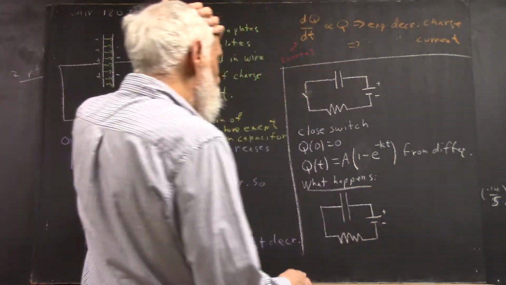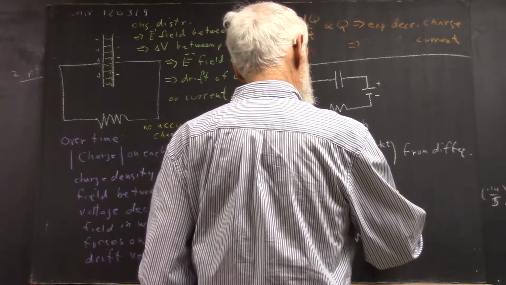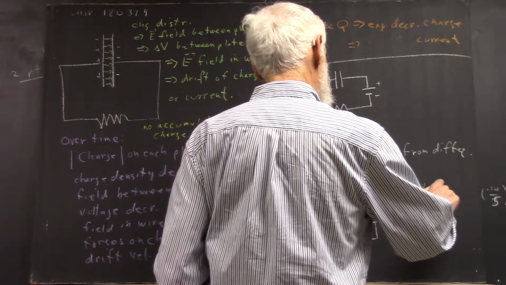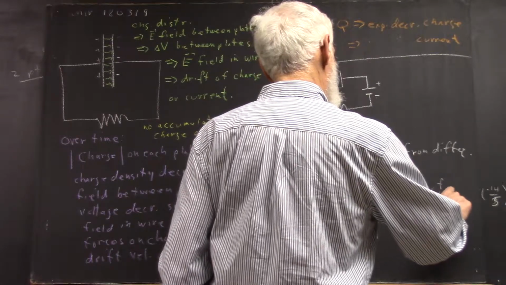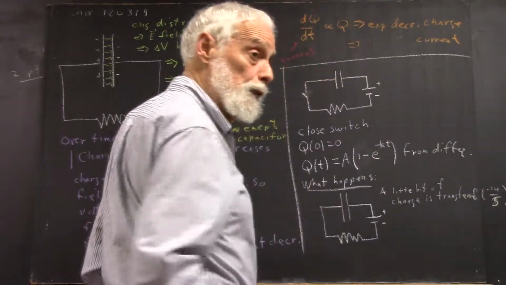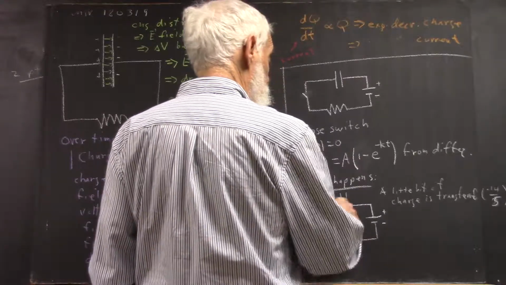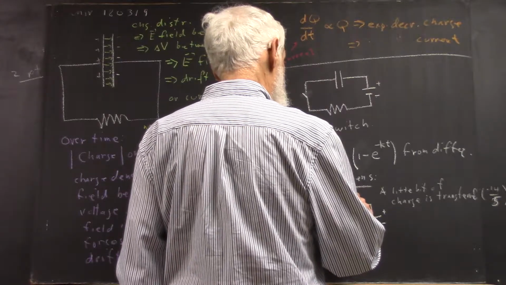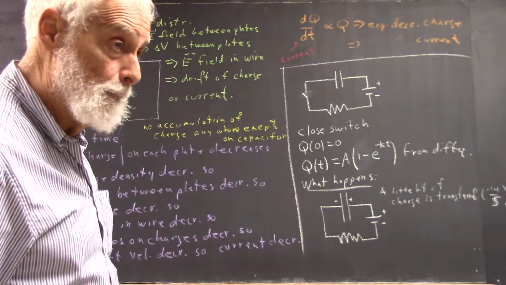Okay, so what happens as soon as we close the switch? A little bit of charge is transferred, right? We're pushing positive charge away from here and negative charge away from here, and the result is, whatever your charge carrier, you end up with a little bit of positive charge in this plate and a little bit of negative charge in this plate, right?